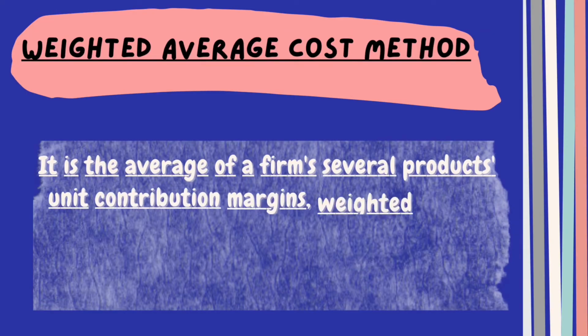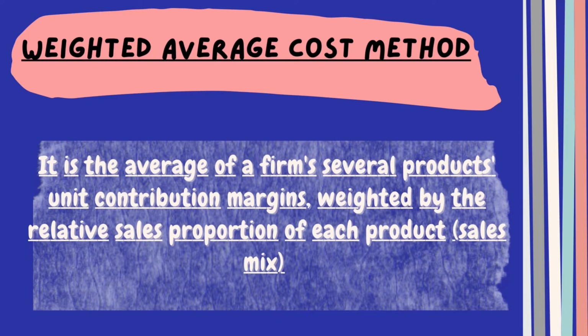The next important term is the weighted average contribution margin method. It is the average of a firm's several products' unit contribution margins weighted by the relative sales proportion of each product, which is known as sales mix.